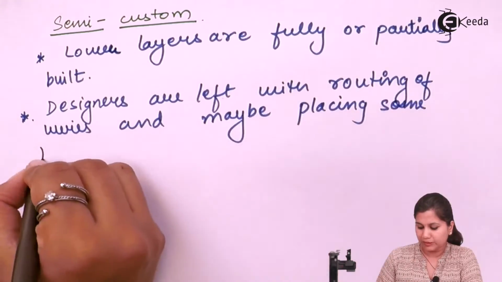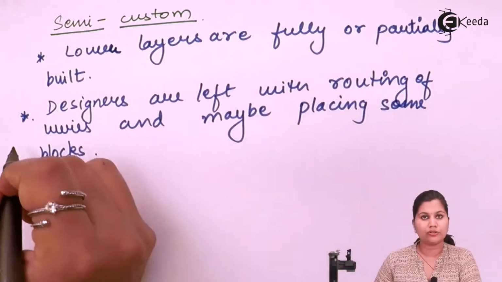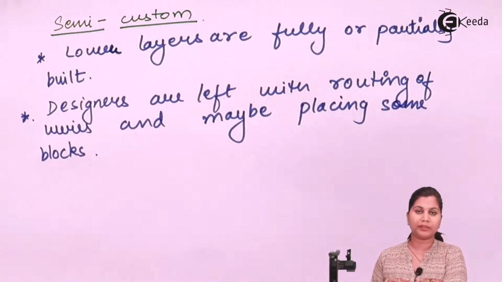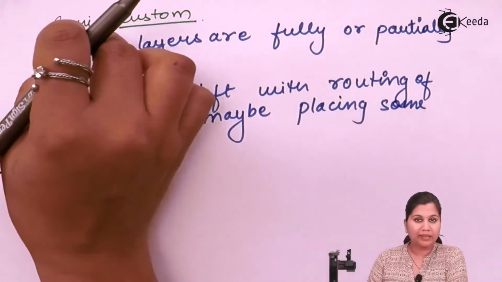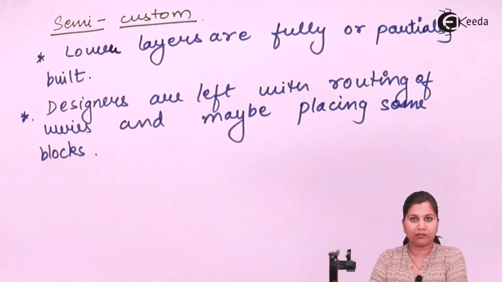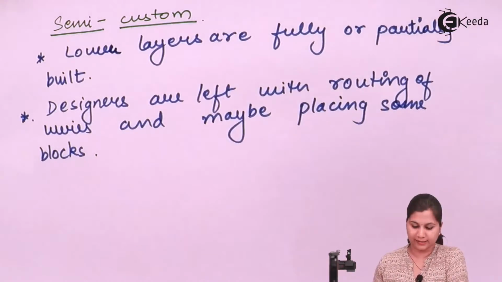So it may be possible that some blocks are to be connected, or how the wires are to be connected, that is left. Okay, so this is semi custom. Half the work is already done, half the work you have to do when you are using that system.